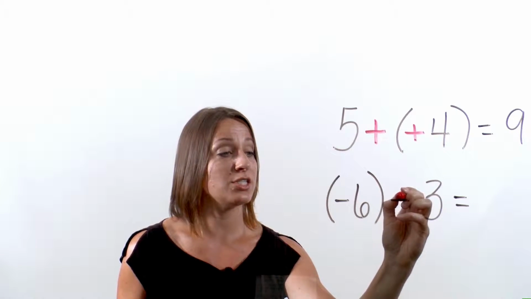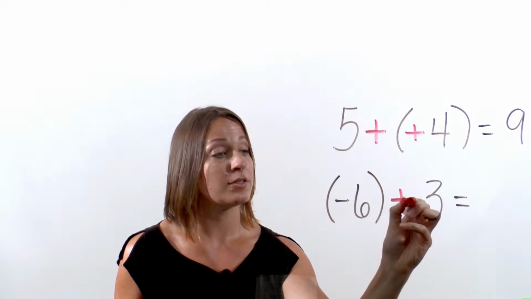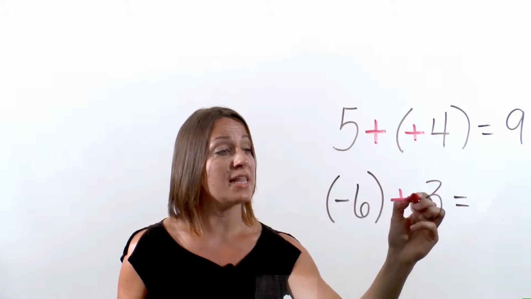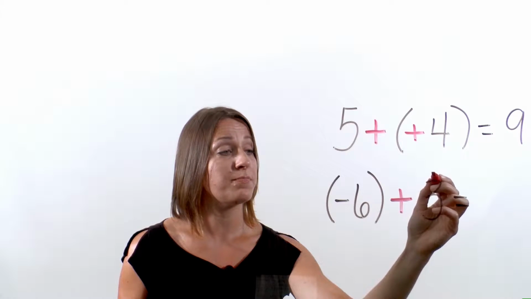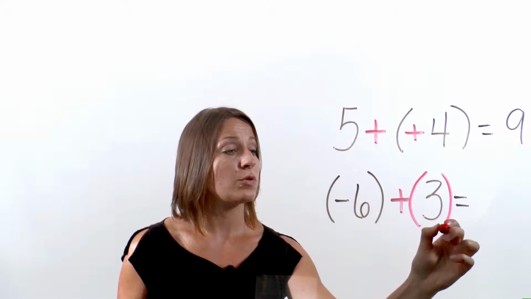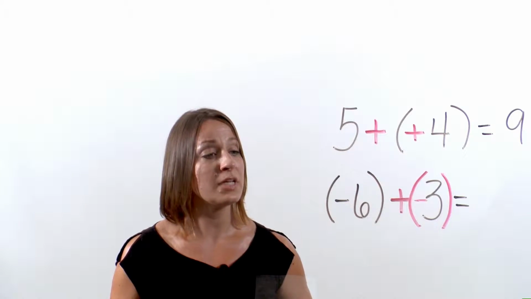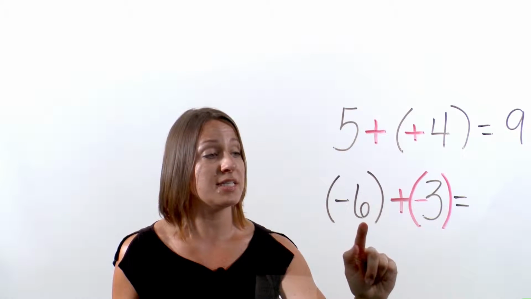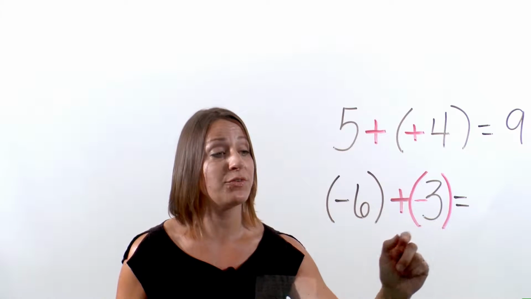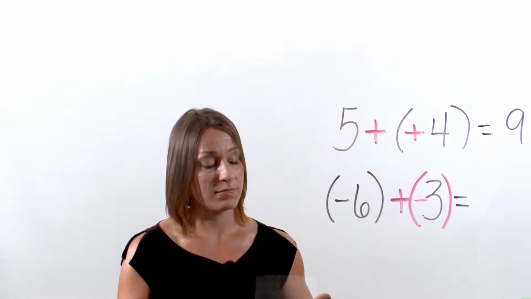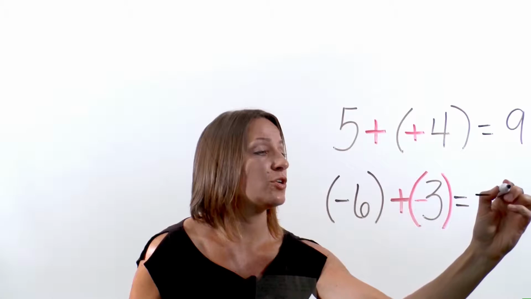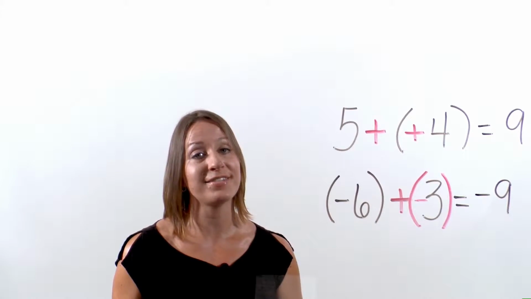We change the subtraction sign to an addition. And then this was a positive 3, so we make that a negative 3. This problem now reads negative 6 plus negative 3, which is a total of a negative 9.